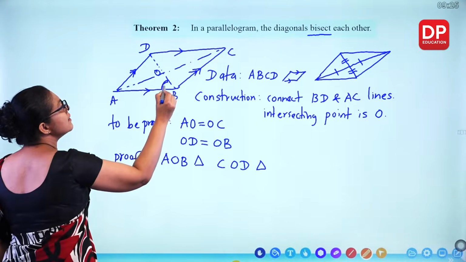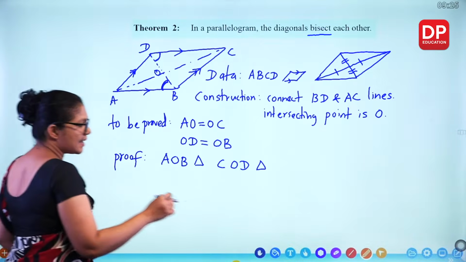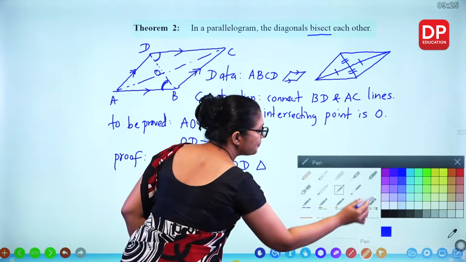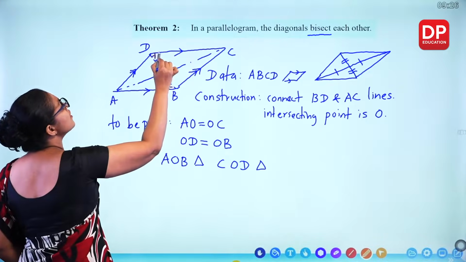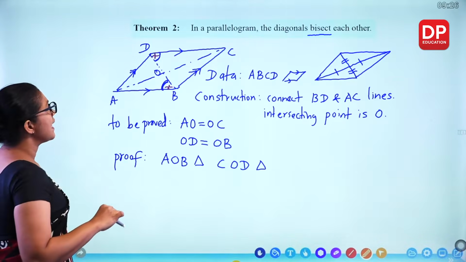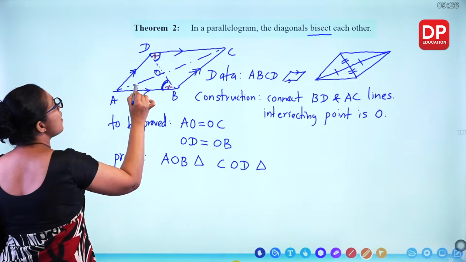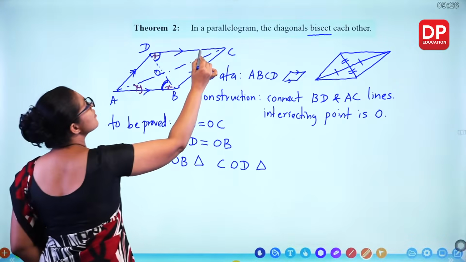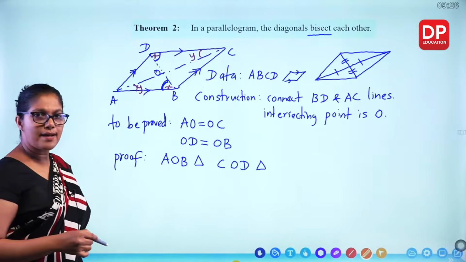This angle is equal to this one. I can take that one as X. This is X. This is also X. And what else? I can take this one as Y. So that's equal to this angle because these two lines are parallel.